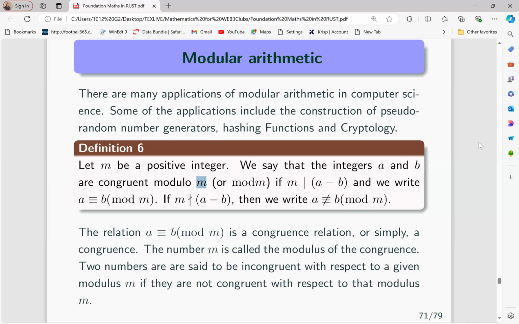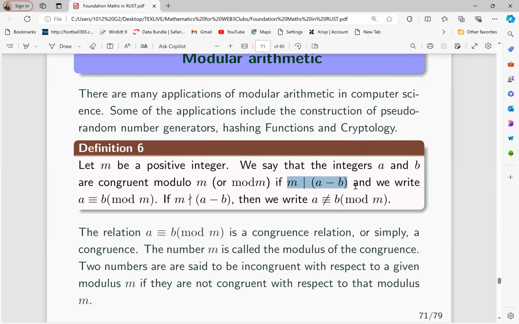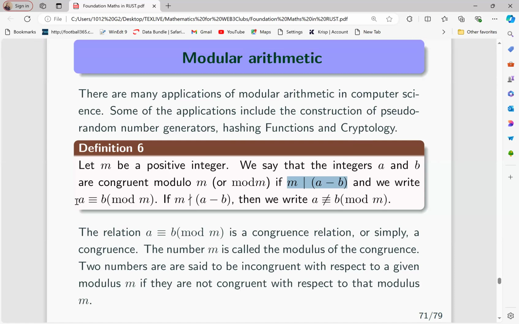That is the question here. And the answer is, we say that a and b are congruent mod m if m can divide their difference. And therefore, we write it this way.